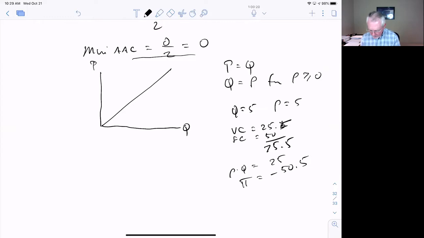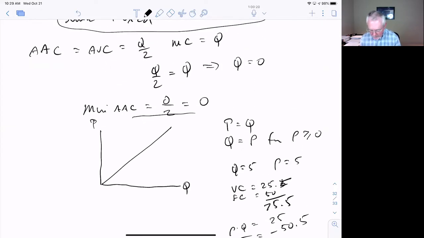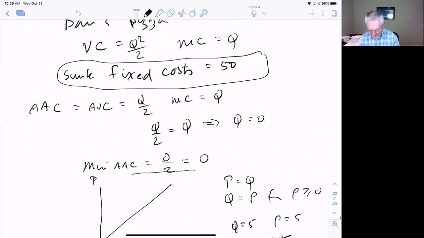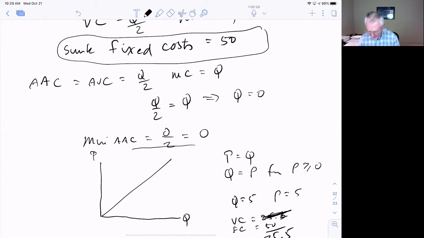So Dan is going to lose a little bit in excess of his sunk fixed costs, but that shouldn't be. Let me think about what I've just done here. I shouldn't do these things on the fly. So P equals Q, so at a price of 5, Dan's variable costs at that point, we said 25 over 2, I'm sorry, variable costs are 12.5. That's where I went wrong.